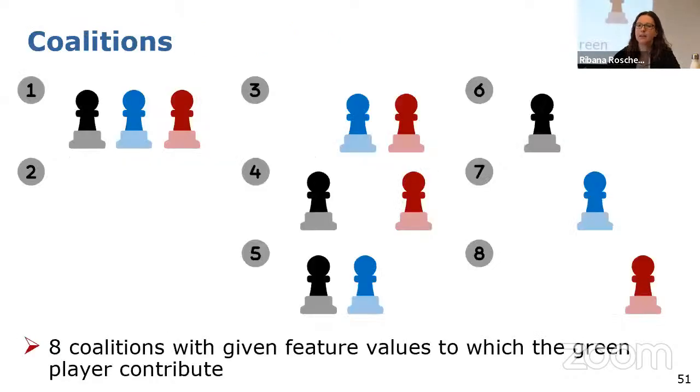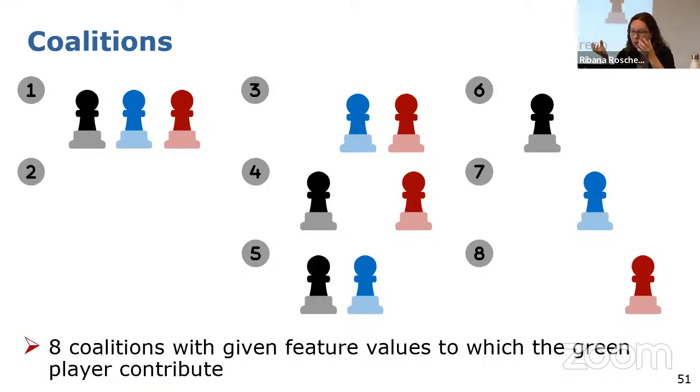And then the other term was coalition. A coalition is a set of players or features. Imagine you want to analyze how much one player contributes to the overall payout when playing in different coalitions.